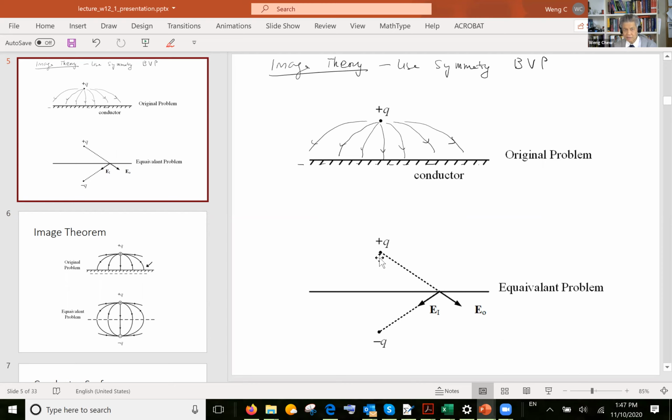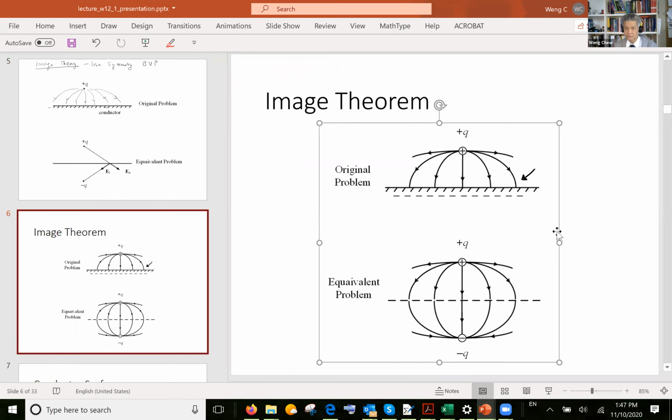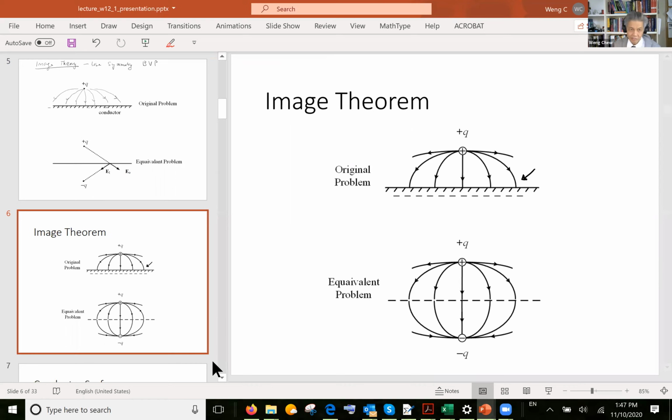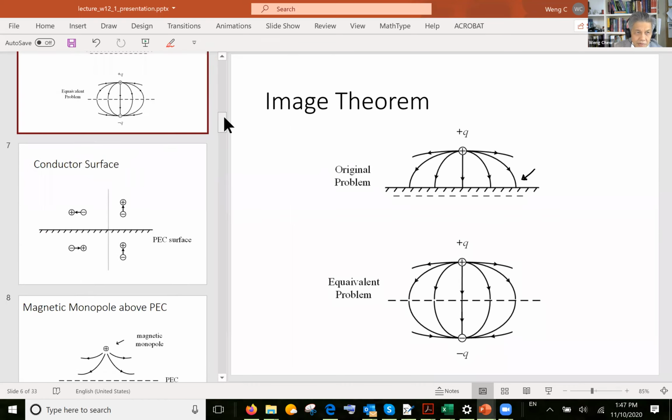By the principle of linear superposition, the total field at this point is the sum of this field vector plus this field vector. The tangential components cancel each other, and only a normal component is left. That's why you have this picture over here. Any questions so far? If not, I'll move on to the next example.